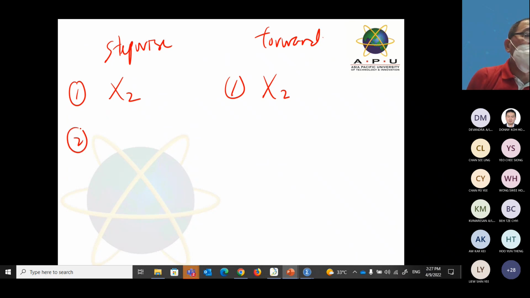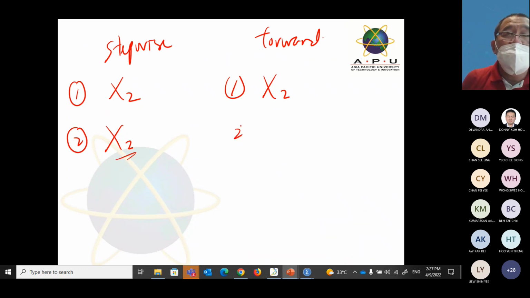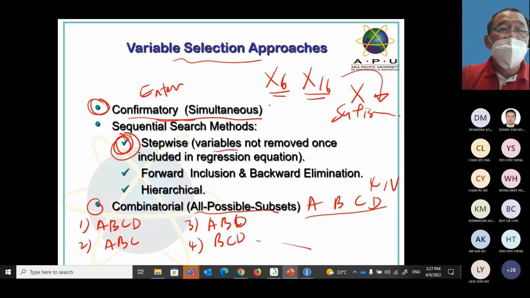But in the second model, x2 must be in the second model for stepwise. But in the forward, x2 maybe in the second model, maybe not. Maybe yes, maybe not.